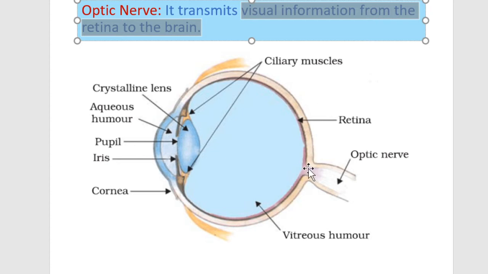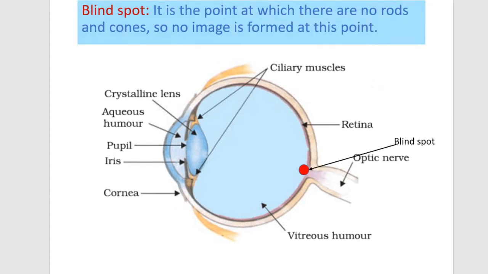The optic nerve is right here; this path that you see is the path of the optic nerve. It converts the visual information received by the retina into electrical signals, and then takes all the information to the brain.